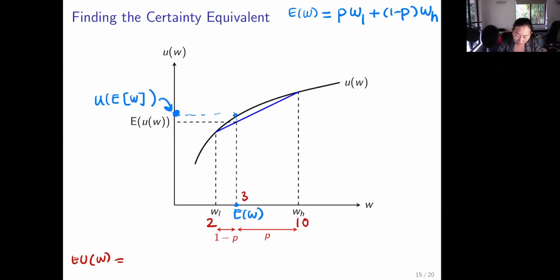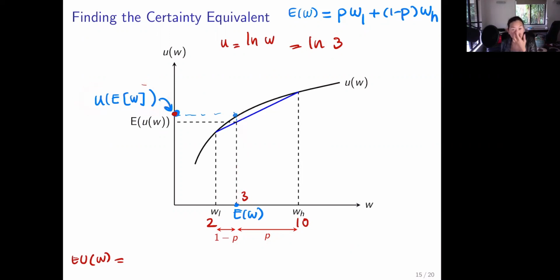Then this value here: if I plug 3 into my utility function, let's say my utility function is equal to log W, I can plug it in and get log 3, and that is what I'm getting here. This is my U of 3, or U of EW.